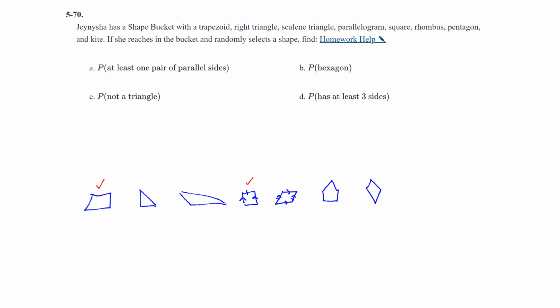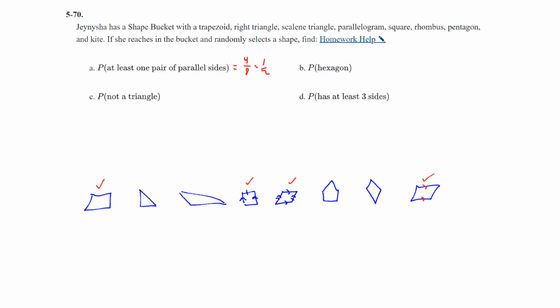Scalene doesn't. Square does. Rhombus does. It's not a regular pentagon, so it doesn't have to have parallel sides, and a kite doesn't. I just realized I missed the parallelogram, so there's a fourth one. So now that I have it figured out, 4 out of 8.